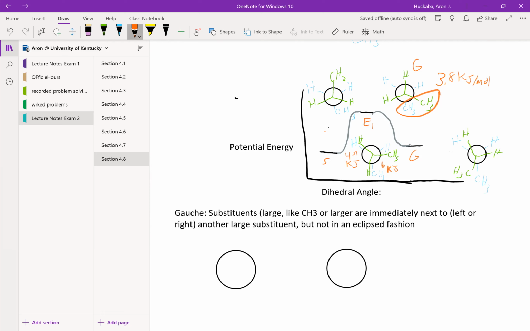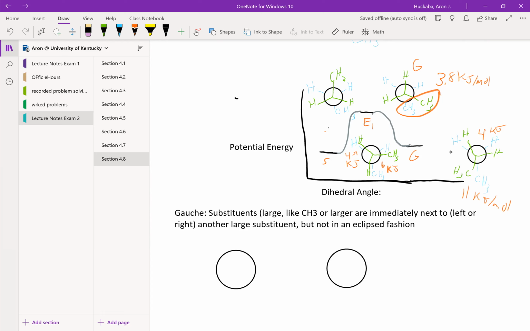So if you remember, each hydrogen-hydrogen eclipsed interaction gets 4 kilojoules for a total of 8. And the carbon-carbon eclipse interaction gets 11 kilojoules per mole. So that gives us a total of 19 kilojoules per mole, which is much larger than the 16 we got before.